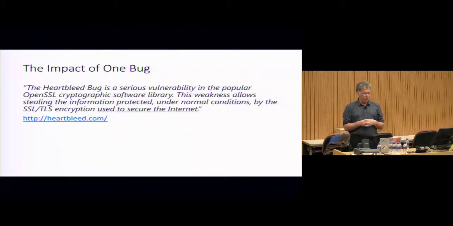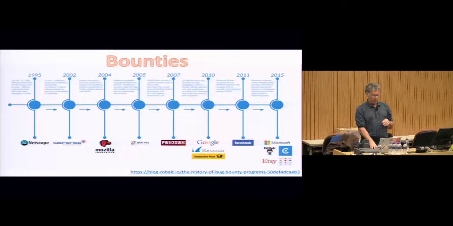So this weakness allowed, under normal conditions, stealing the information protected by encryption. This is the protocols used to secure the internet. So this was also a pretty big wake-up call, right? It turned out that people hadn't really been looking at this code. This code hadn't been going through the SDL clearly, and that was called Heartbleed.